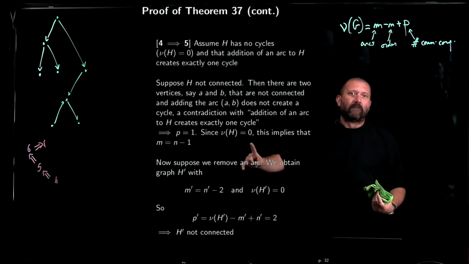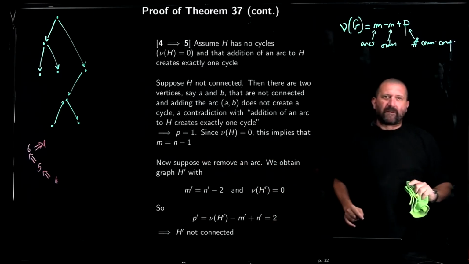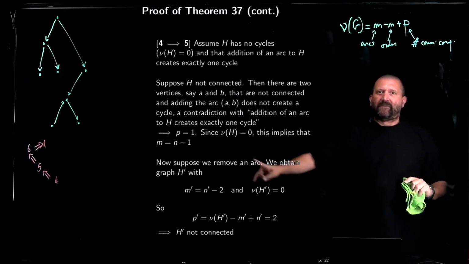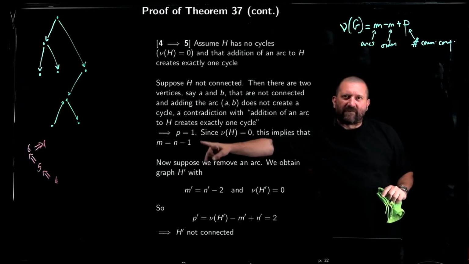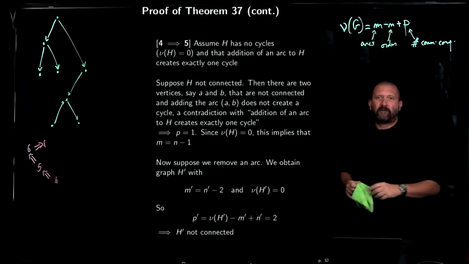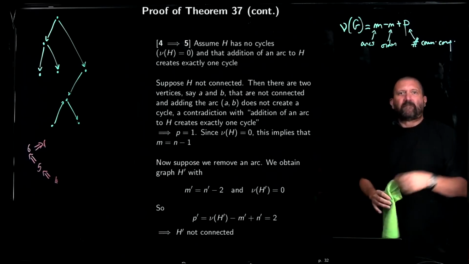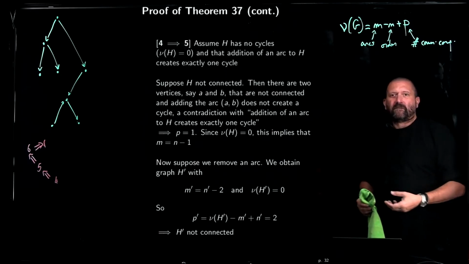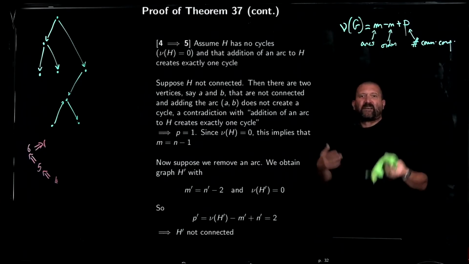And the fact that it's connected, when I plug it in the formula, I get that nu of H is 0, and when I substitute nu of H is 0, p equals 1, I get that m is equal to n minus 1. Now, let me suppose that I remove an arc. So what I do when I remove this arc is I get a new graph.